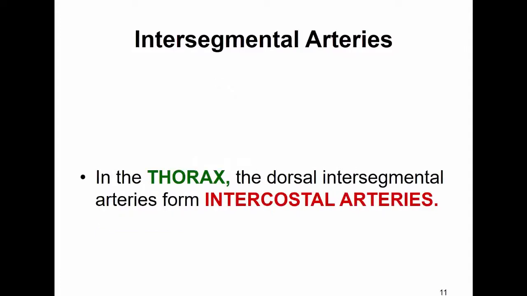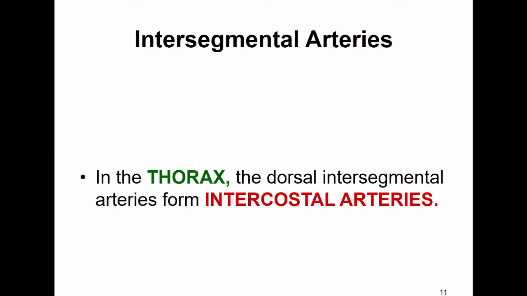In the thorax, the dorsal intersegmental arteries form intercostal arteries. So how many intercostal arteries are there? In each space, there are 3 intercostal arteries: 1 posterior or dorsal intercostal artery and 2 anterior intercostal arteries. In each intercostal space, you have forgotten, I think, but try to remember or recapitulate.